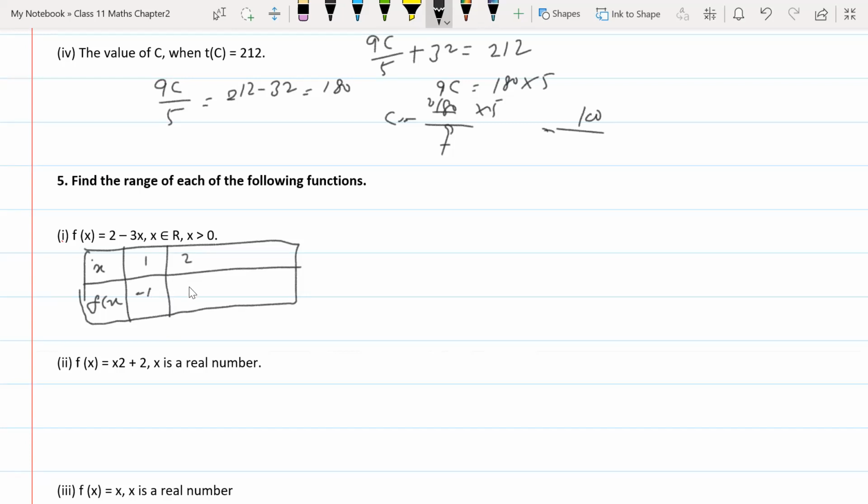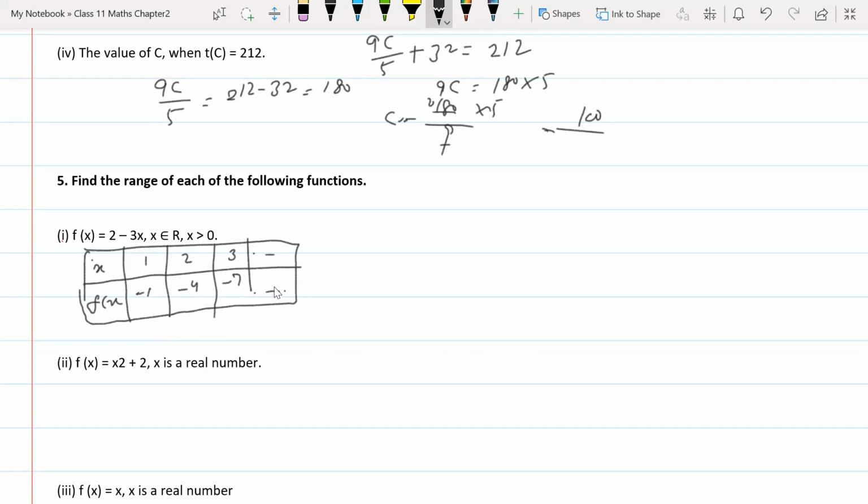If x is 2, it comes out to be minus 4. If x is 3, it comes out to be minus 7, and so on. You can calculate for all real numbers, for fractions also.